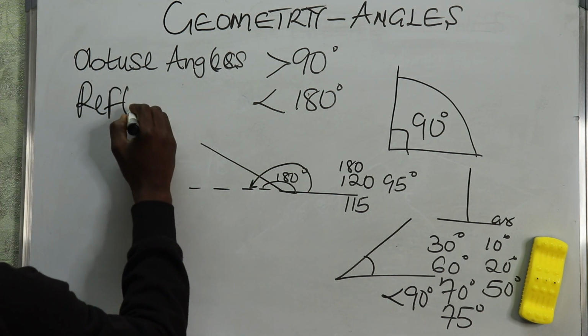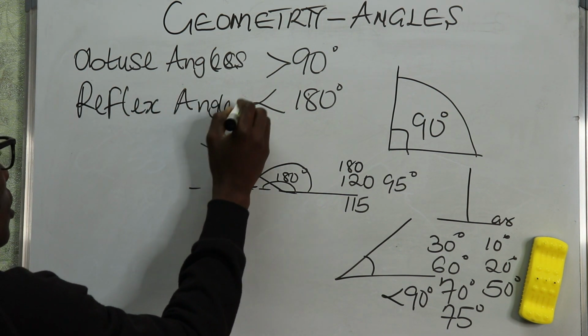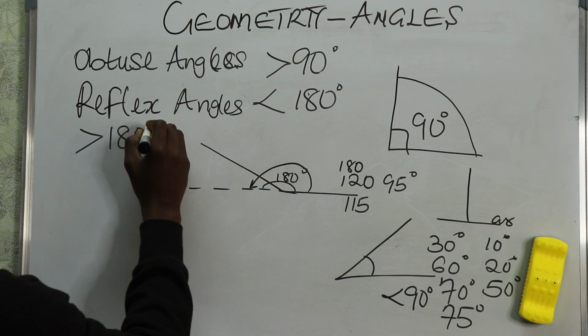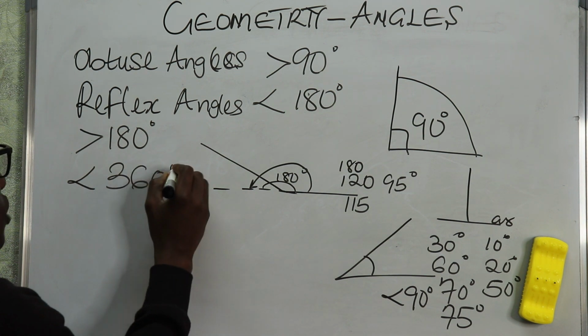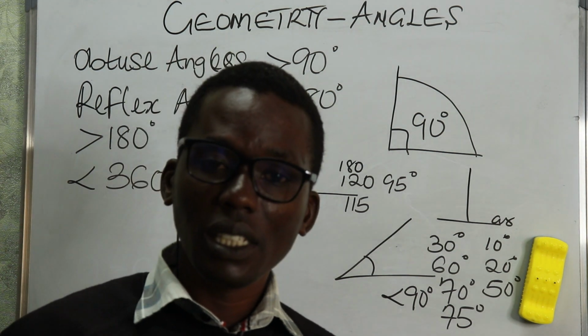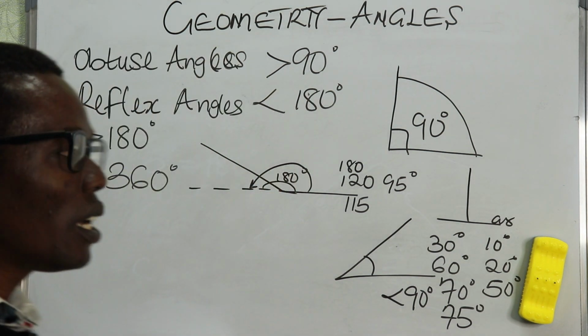Now, what are reflex angles? Reflex angles are angles that are greater than 180, but less than what? 360. So any angle that is greater than 180 but less than 360 is a reflex angle.